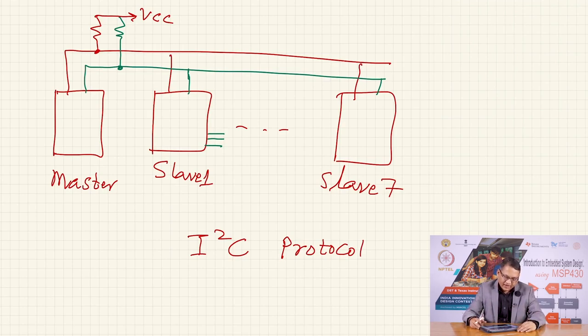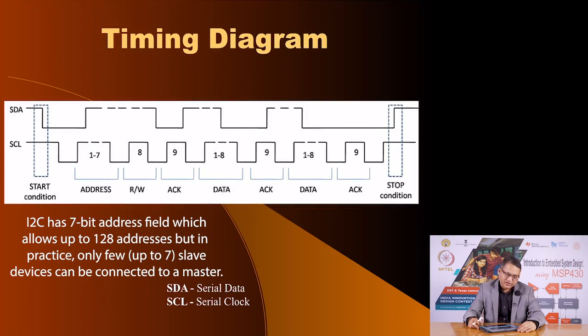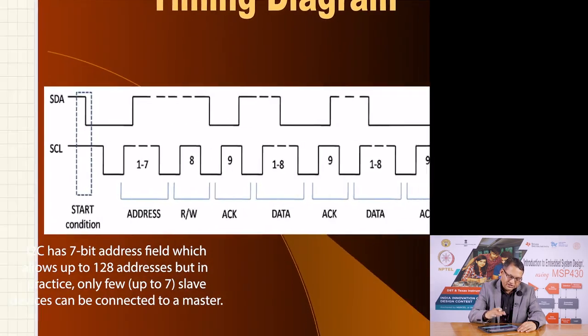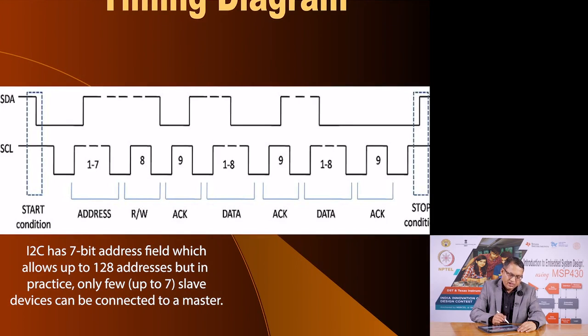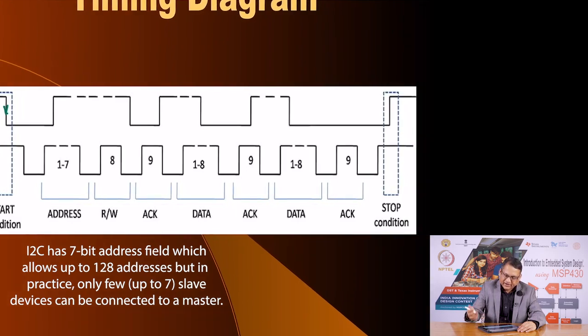Here is the timing diagram of communication on the I2C bus. You have to initiate a start condition, which is when the serial clock pin is high and there is a high to low transition on the SDA bus, and then you have certain number of bits, and then you end that transmission with a stop condition in which the clock pin is high and you have a low to high transition on the SDA pin.